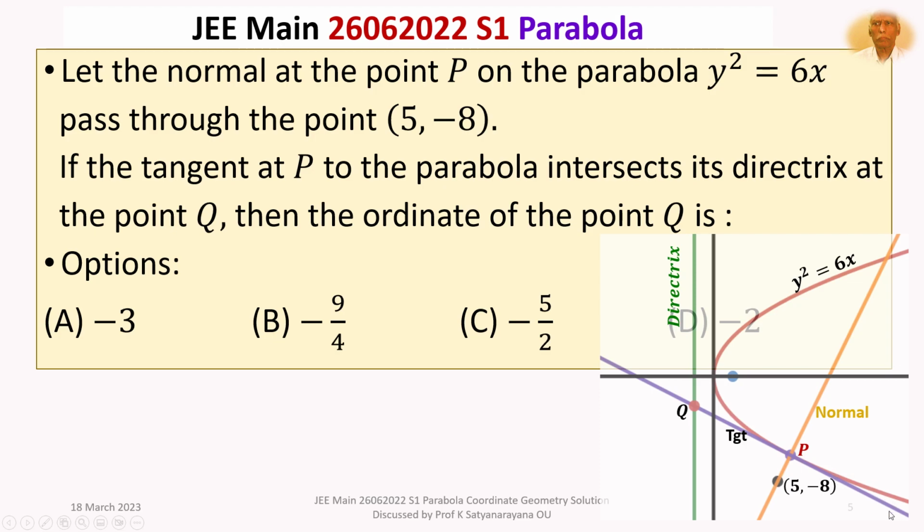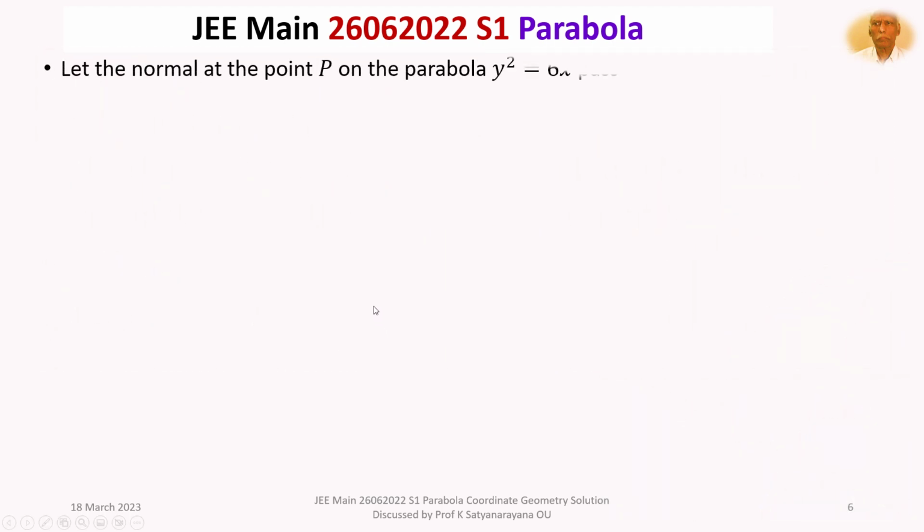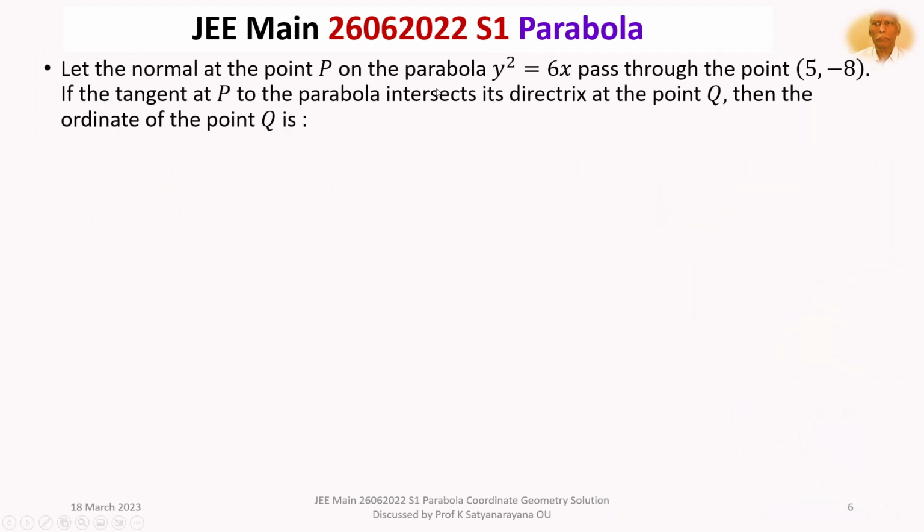If the tangent at P intersects the directrix, this is the directrix in green, at the point Q, we are required to find the ordinate of the point Q, that is the y coordinate of the point Q, from the given 4 options. That's our given question.